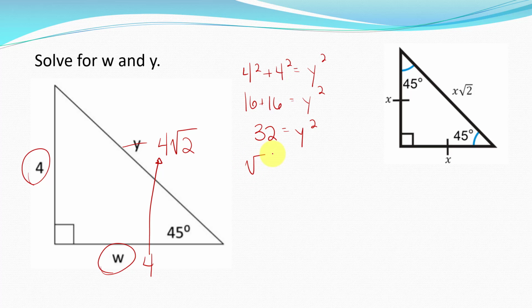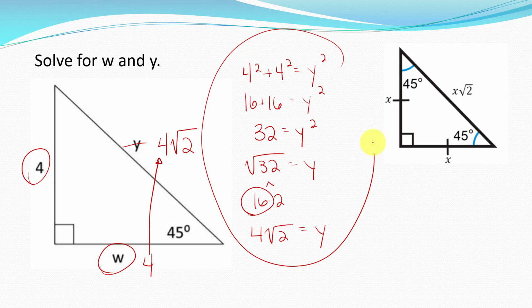Then I would take the square root of both sides. That's a decimal, so I need to factor this and find perfect squares. 16 is a perfect square, so it becomes 4 square root 2 equals y. So you can see this is the Pythagorean theorem, and knowing this relationship, you don't have to calculate anything. You just know that's what it's always going to be.